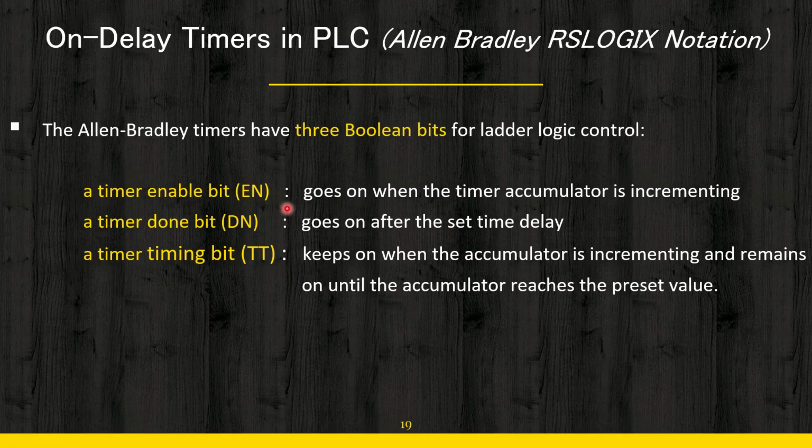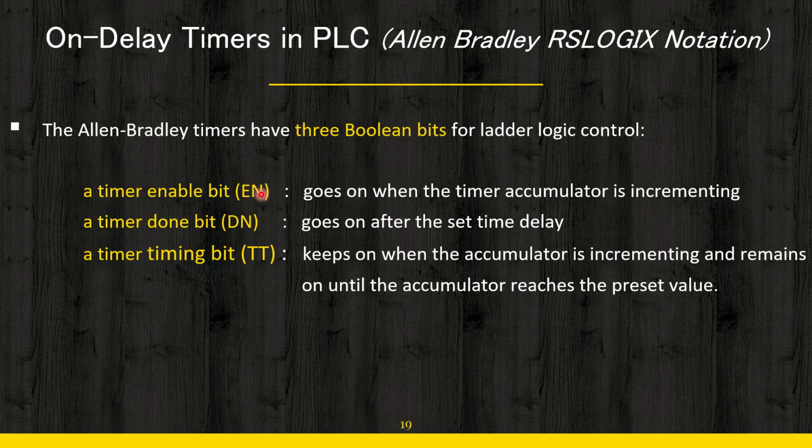The timer enable bit goes on when the timer accumulator is incrementing. It will keep on for the entire input duration, because whenever the signal is there, the timer is enabled. Very simple. So till the signal is present, your enable bit will remain high.